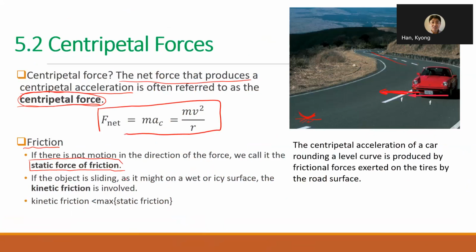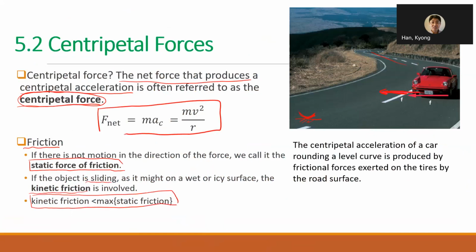If the object is sliding, maybe on a wet or icy surface, kinetic friction is involved. And usually, kinetic friction is less than maximum static friction. You have to remember that.